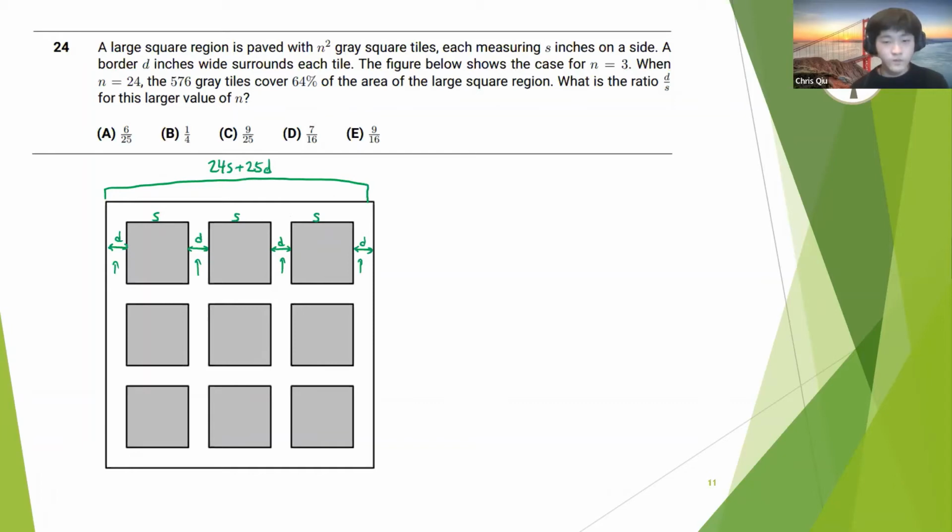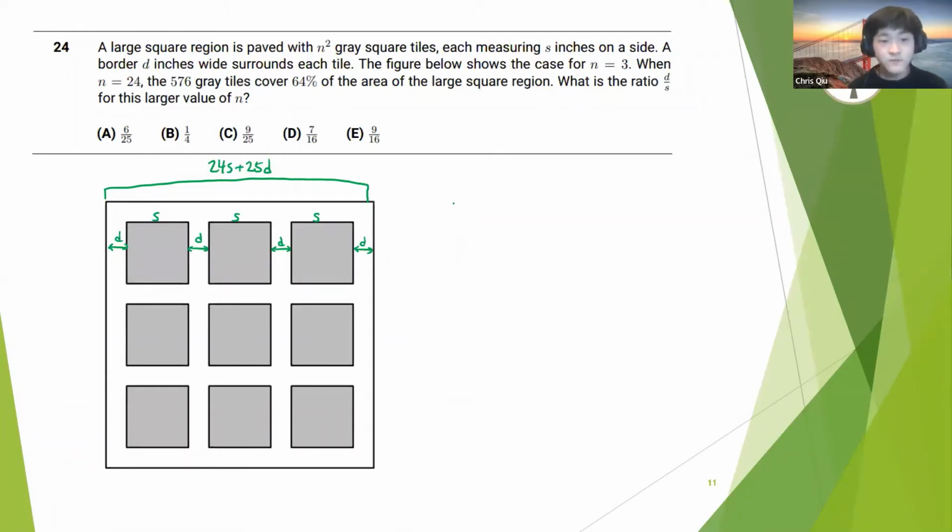These 25 are just the distances between the tiles, and also the distances between the edge tiles and the edge of our large square region. So this will be the total side length of our large square region.